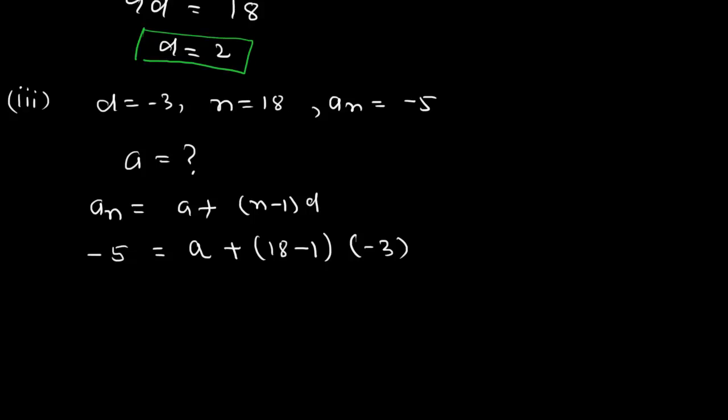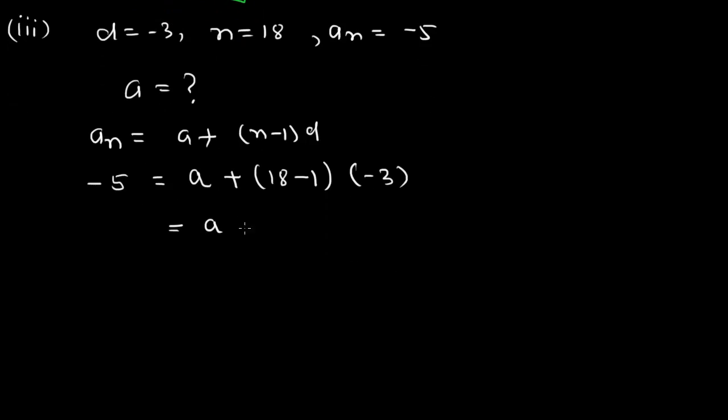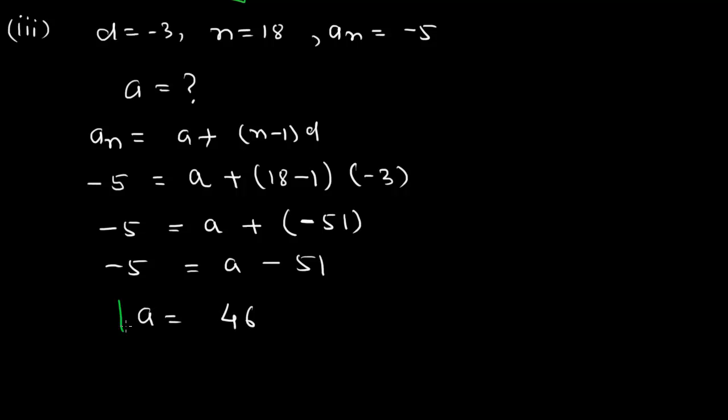Now we shall calculate this equation. A equals minus 5 plus 17 times 3. When we multiply 17 with 3 we get 51. So A equals 46. This is the solution of the third part.